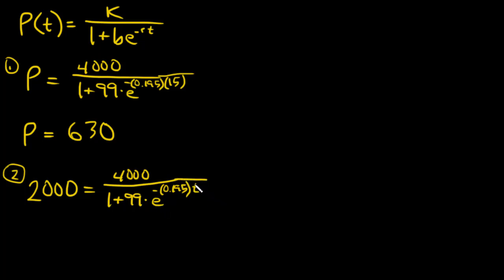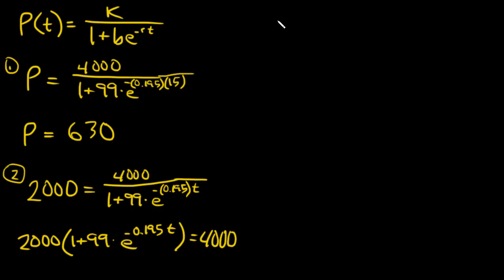And so now we just need to solve for this t. I'm going to cross multiply, and when I do that, I'm going to get 2,000 times 1 plus 99 times e to the negative 0.195 t is equal to 4,000.